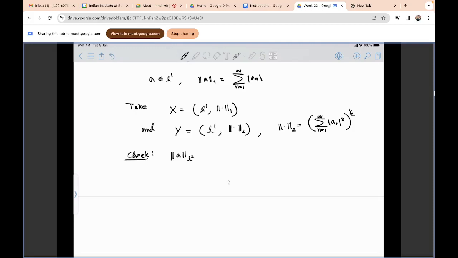The L2 norm is less than the L1 norm. So as a is taken from the sequence space L1, the L1 norm is finite, so the L2 norm is also finite. So this is well defined.